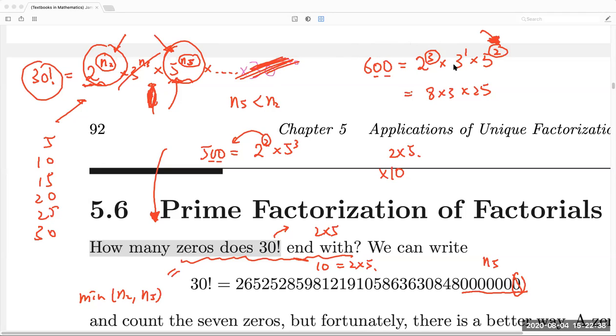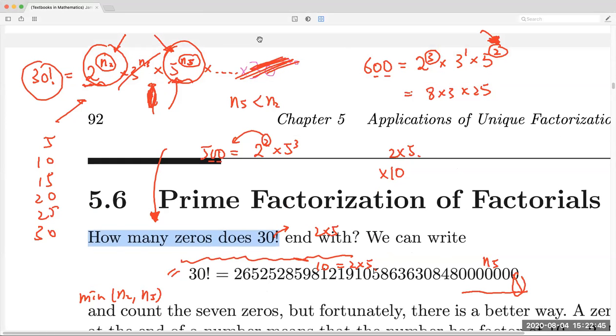Now the n5 here should be 7. Okay? It should be 5 to the power 7. Now, although there are 6 numbers, I think it's so easy, okay? You know 25 is 5 times 5, okay? So how about 2 to the power this number?